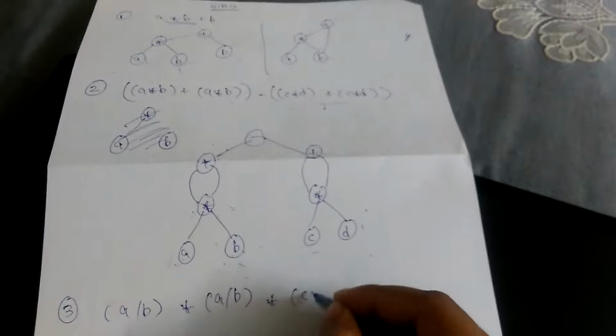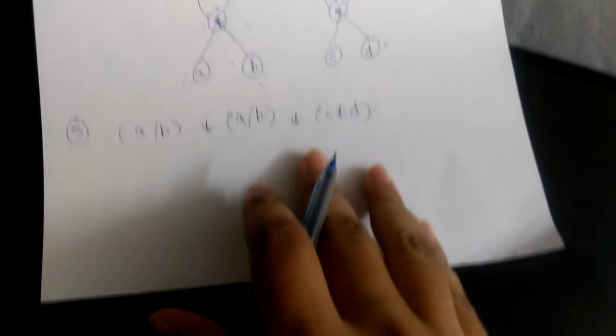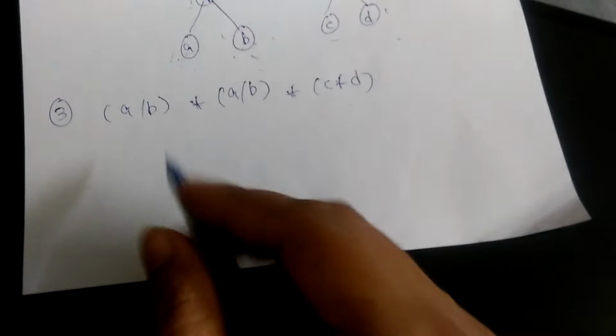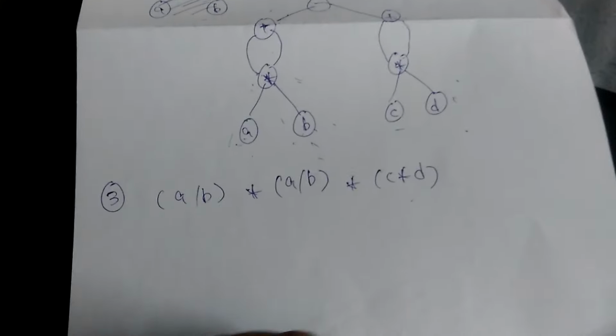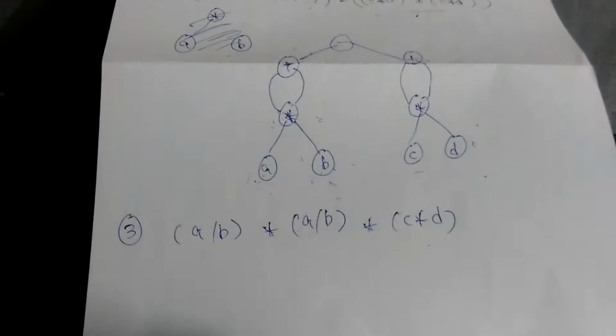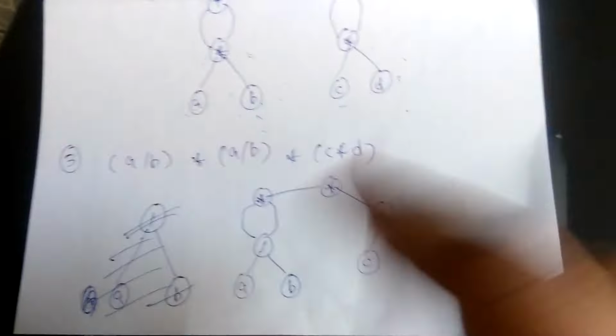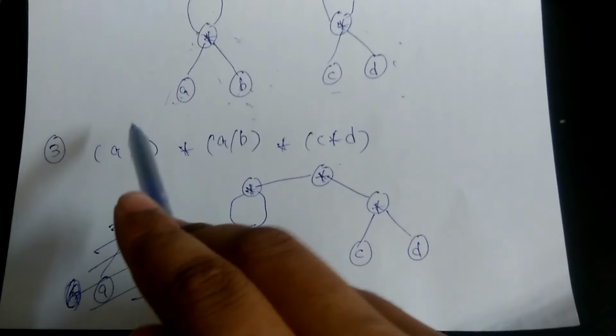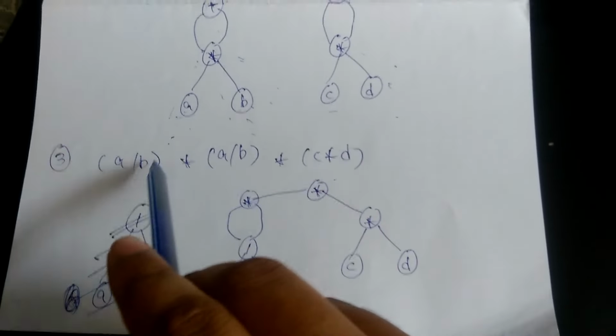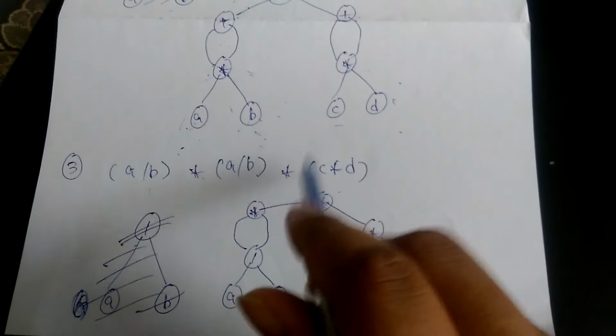into c into d. Now what I have told you is that we have to construct a into b. See, I have solved this example. Now a divided by b into a divided by b into c into d.